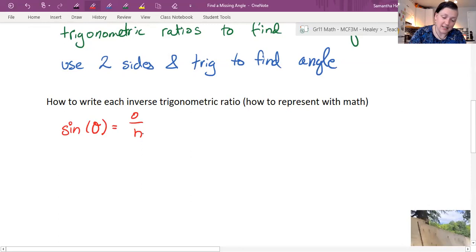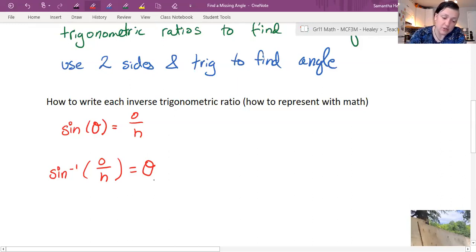The inverse, we're going to say the inverse sine, or the sine inverse of that ratio equals the angle we're looking for. So this is how we're going to write it down.